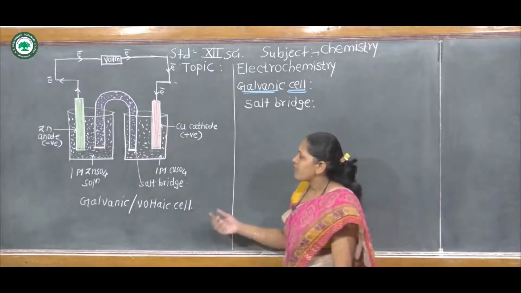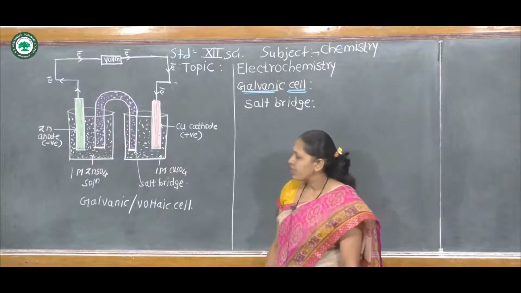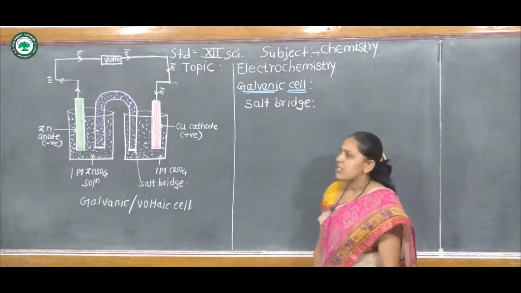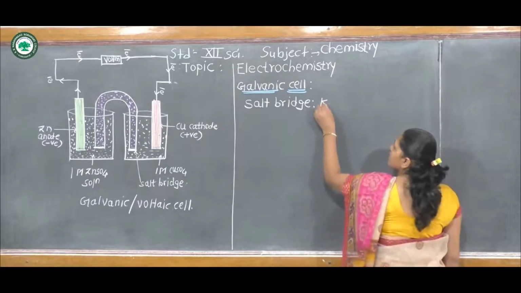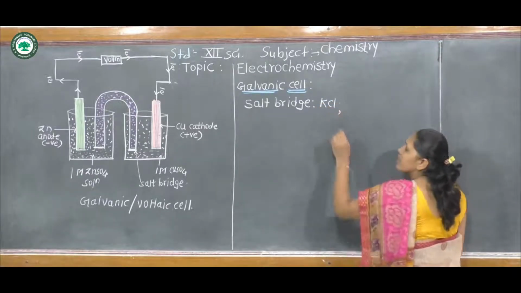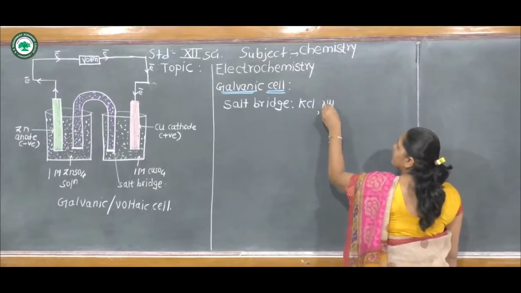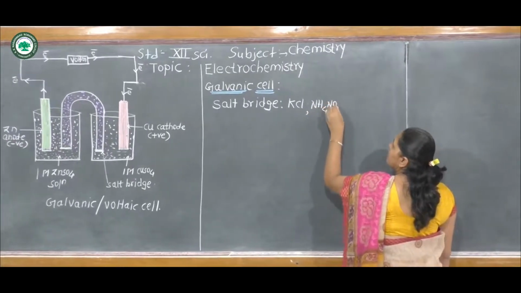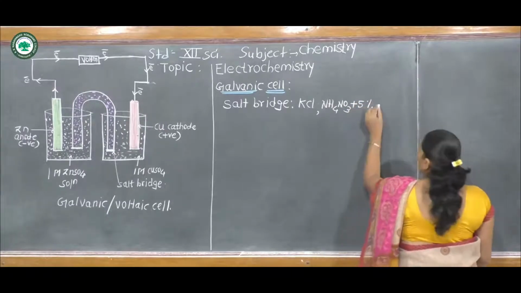In this diagram, the salt bridge is a U-shaped glass tube. It consists of a saturated solution of either potassium chloride or ammonium nitrate plus 5% agar solution.